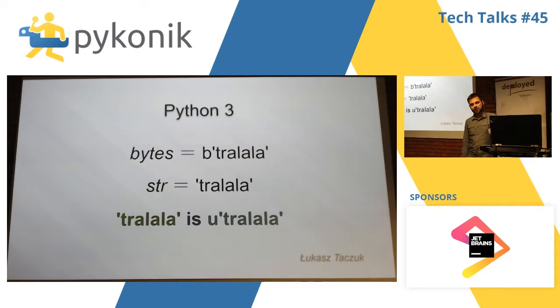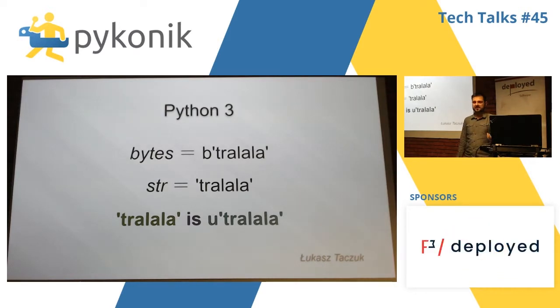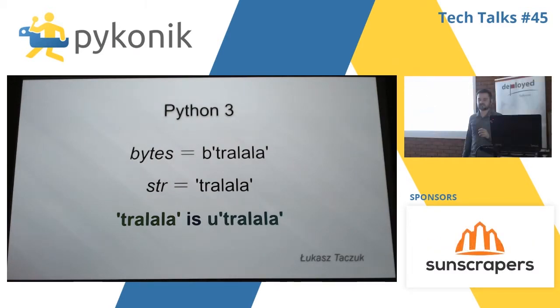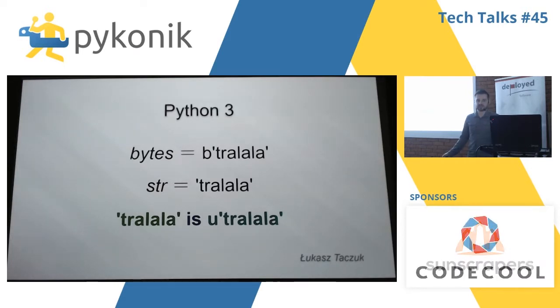So again, what we have here is bytes, and the bytes are declared by prepending the string with a b. Everything that's in quotes or apostrophes is a regular string, and the u prefix is exactly the same as a regular string.